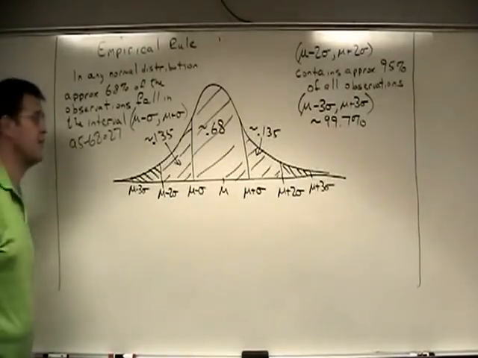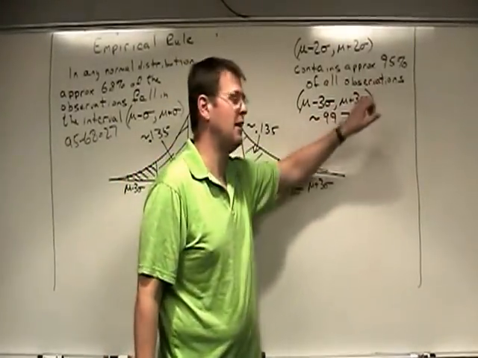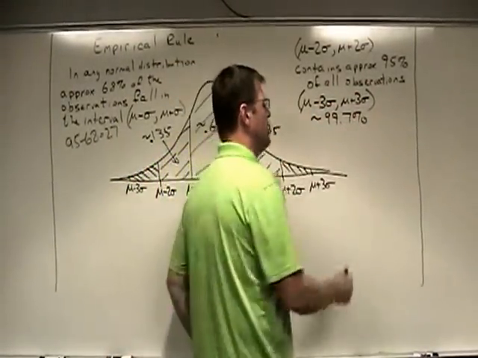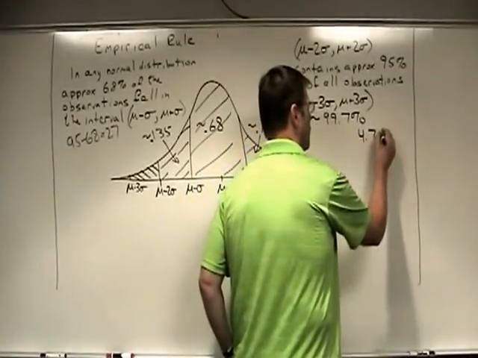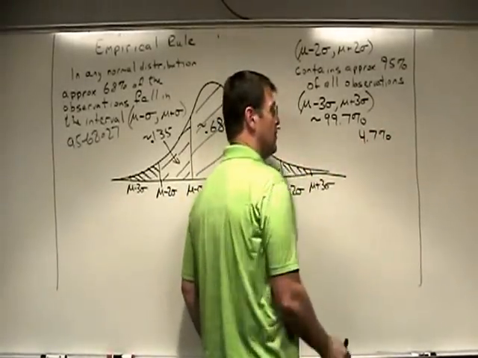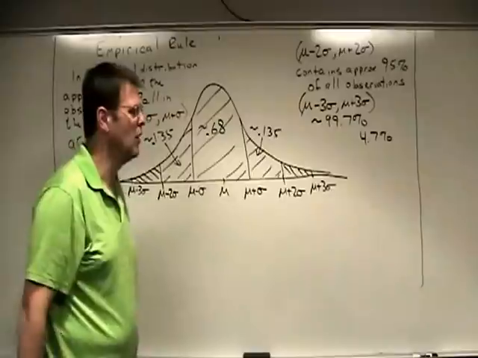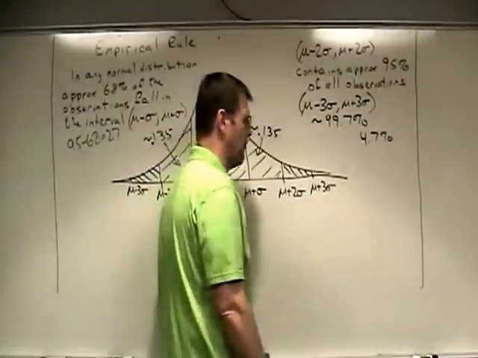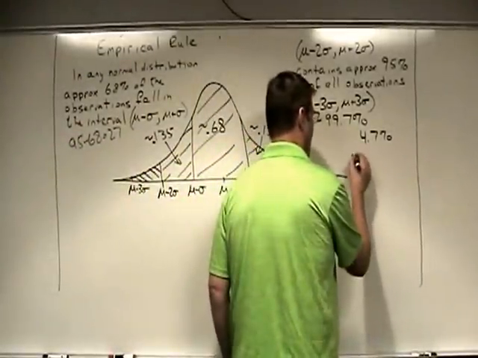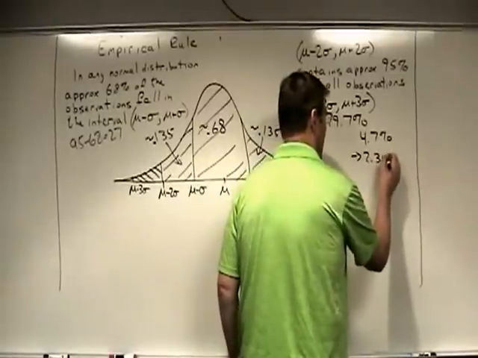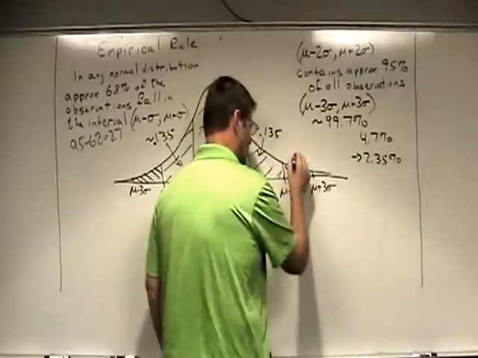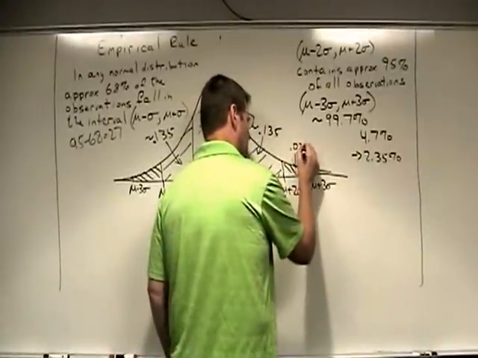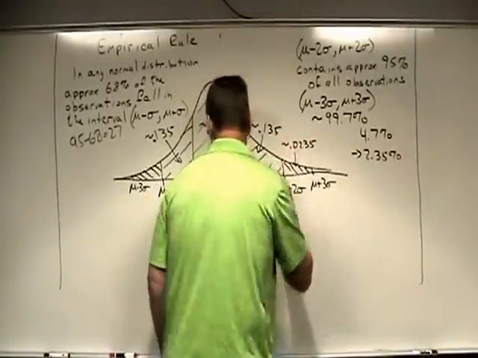So in this case, we've gone from 95 to 99.7. We've added an additional 4.7% total. So on each side, we've added half of that. Half of that is 2.35%. So each one of these is 0.0235 approximately.